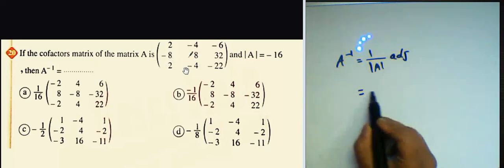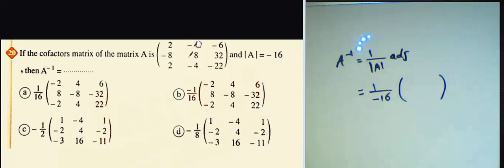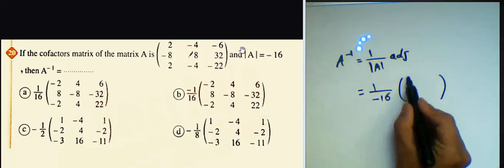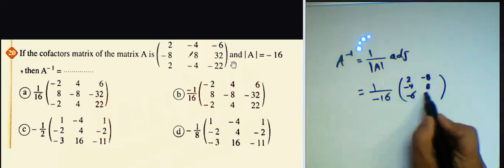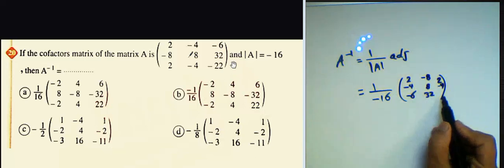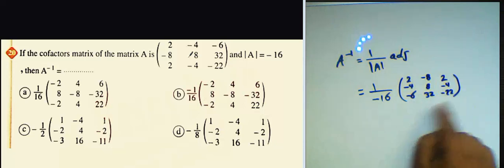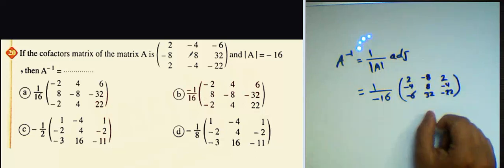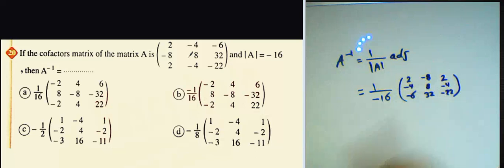We can write 1 over -16 and rotate the matrix here to -4, -6, and here -8, 8, 32, and here will be 2 and -4 and -22. We can write 2 as a common factor between all digits here, divided by 2 only.